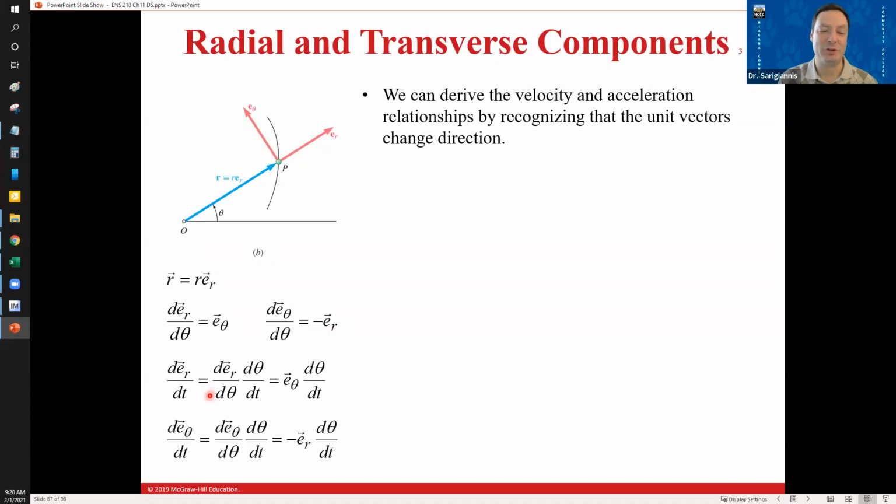You can do some substitution here, like de_r/dt is the same as de_r/dtheta times dtheta/dt, right? And this is how you can separate the variables and realize, okay, this component here is e_theta, and this is dtheta/dt. So that's how you expand those formulas on the previous page.